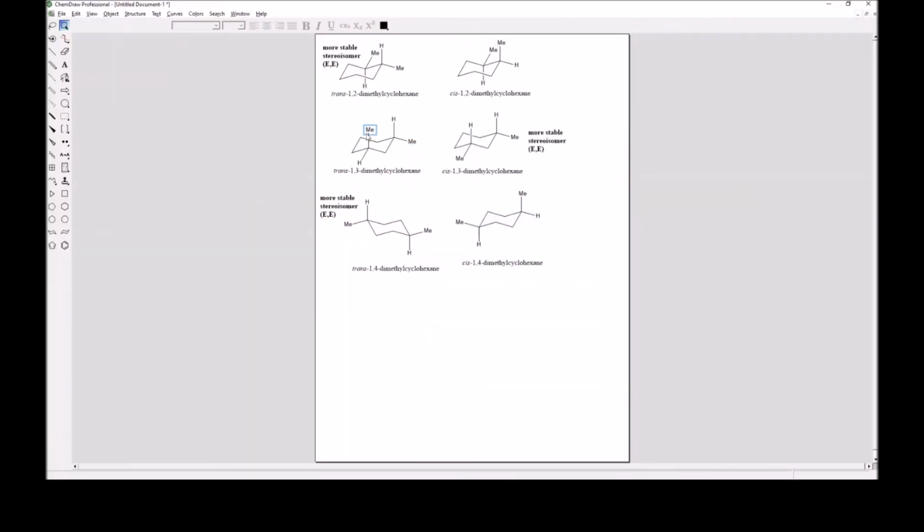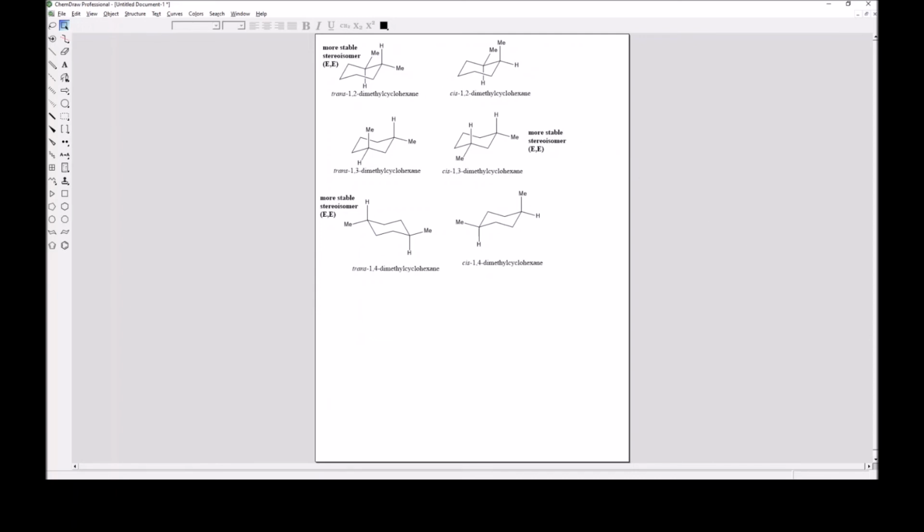These two methyl groups right here on 1,3-dimethyl cyclohexane are far enough away from each other that they're not bumping into each other, even when one of them is axial and one of them is equatorial. The same thing is true over here with these methyl groups at the 1 and the 4 position. But the methyl groups at the 1 and the 2 position are now starting to bump into each other.